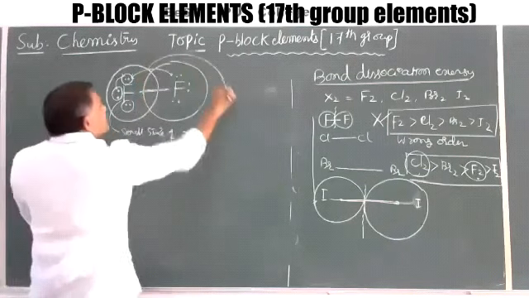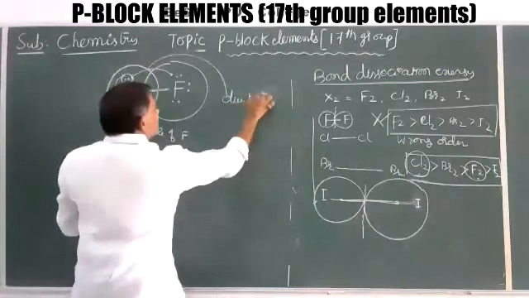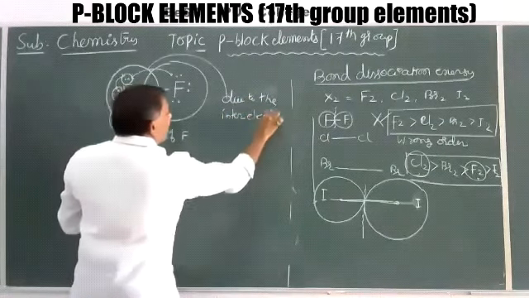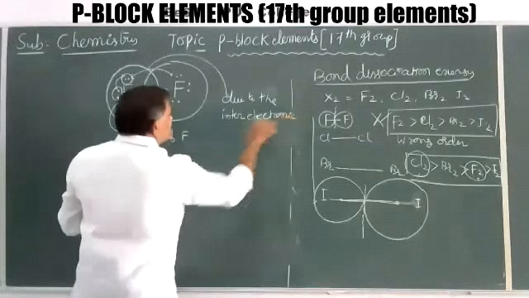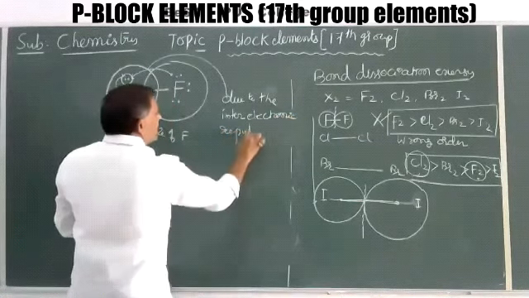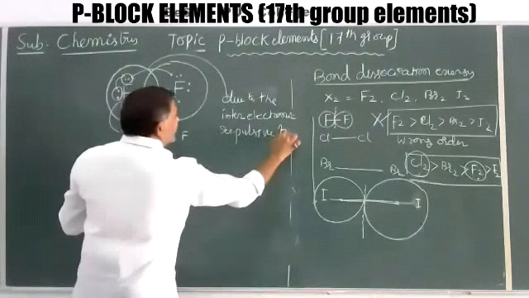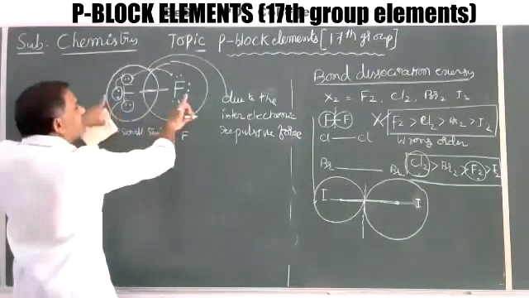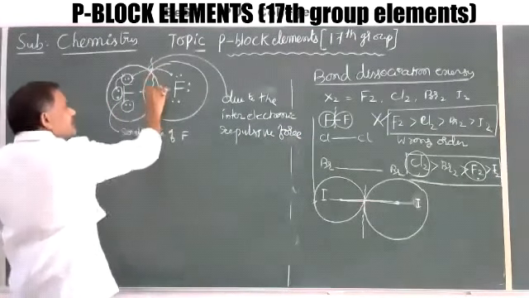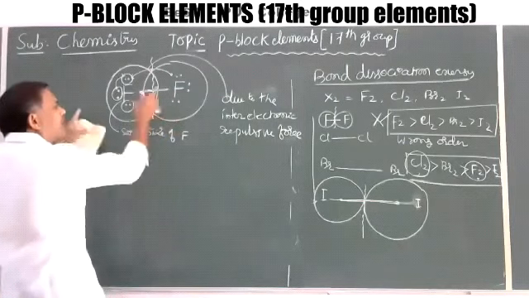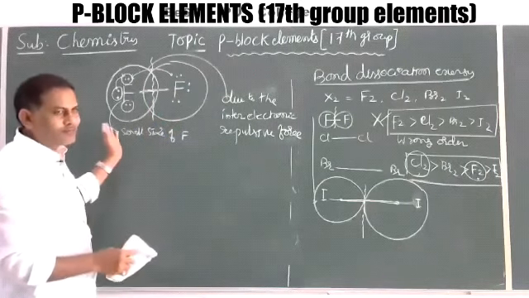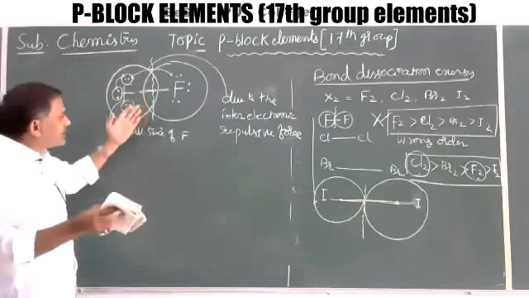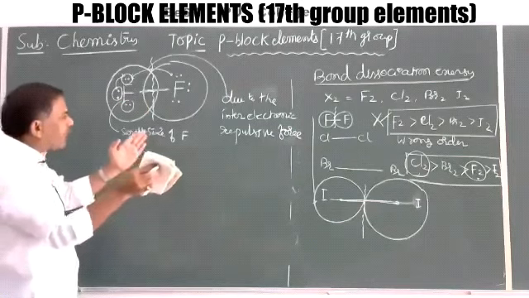That is due to the interelectronic repulsive forces. They are not strongly attracted, they are weakly attracted. That's why less energy is required to break the bond between fluorine and fluorine.